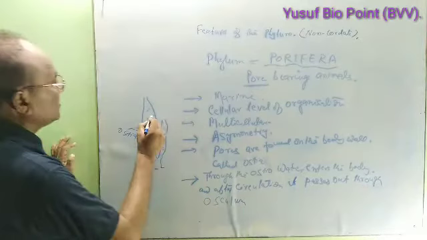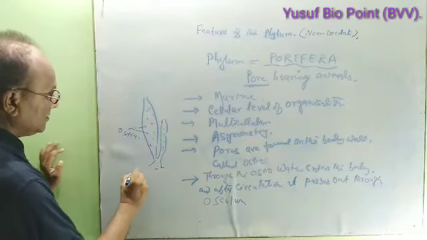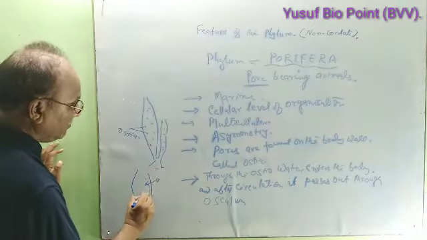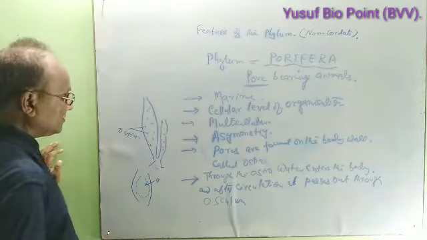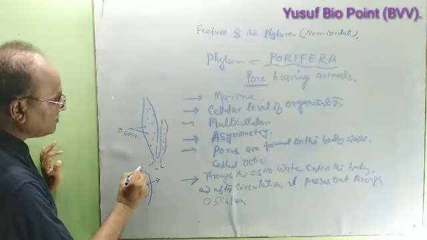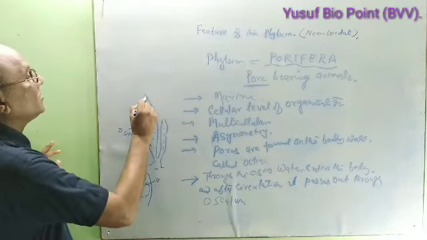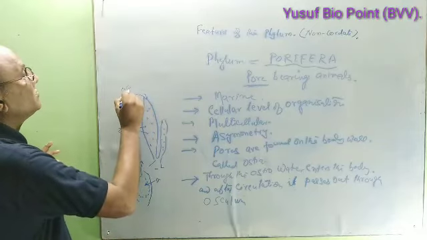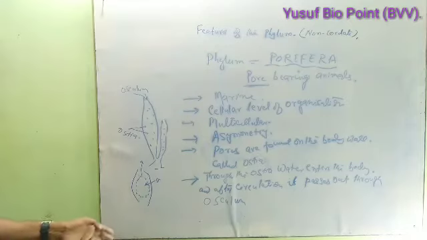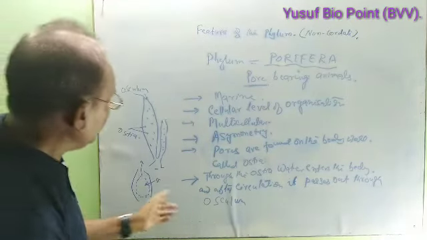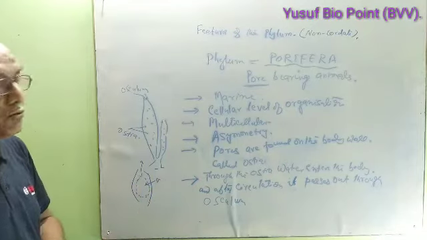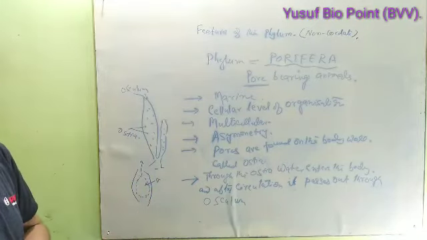Means the water enters and completes a circulation and finally comes out of the body. This is called osculum. And this system of circulation of water, we know as the water canal system.